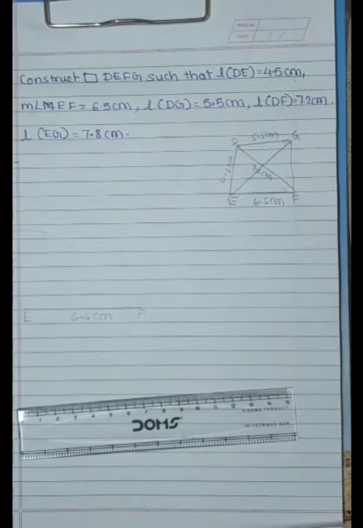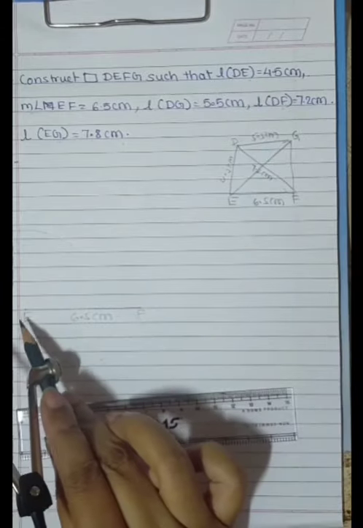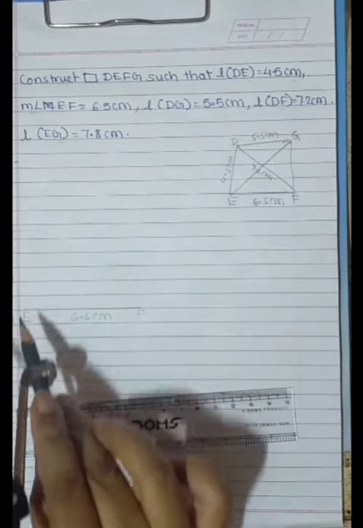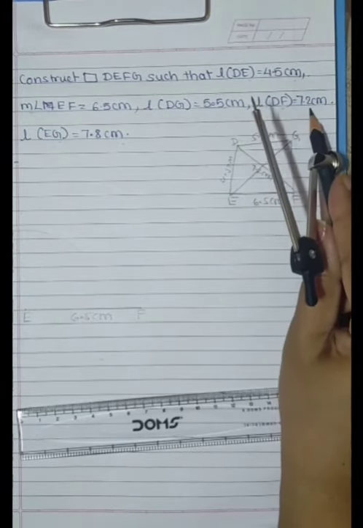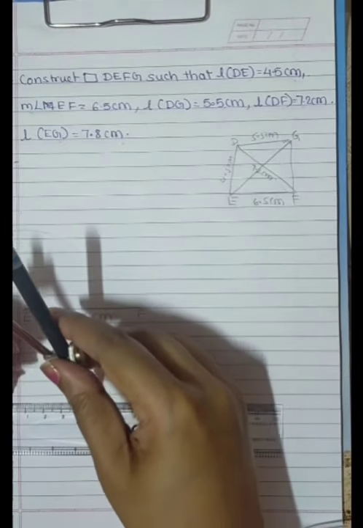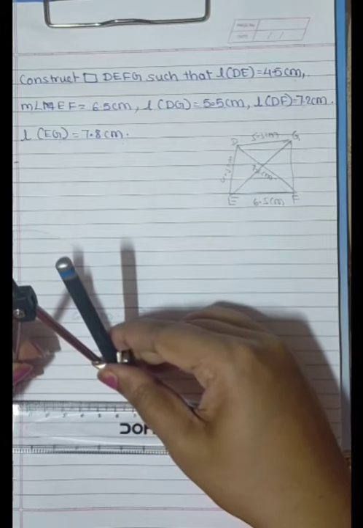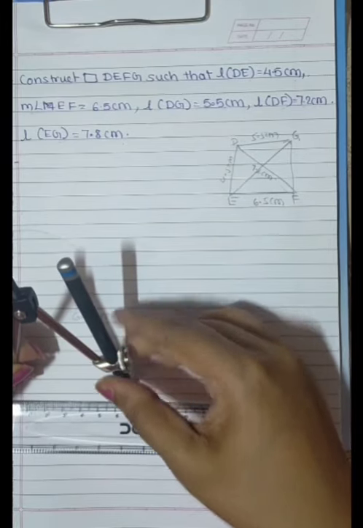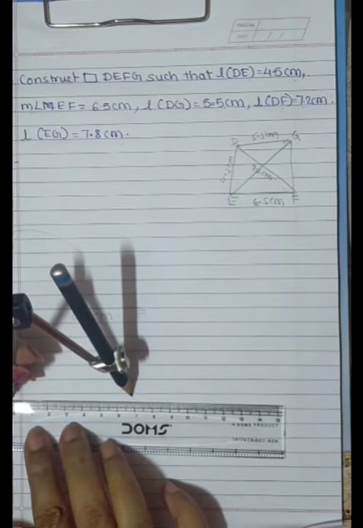Okay, now next question is given. See, now we have done DE, 4.5 centimeter. Now DF is equal to 7.2 centimeter. We'll take DF, that is 7.2 centimeter here.